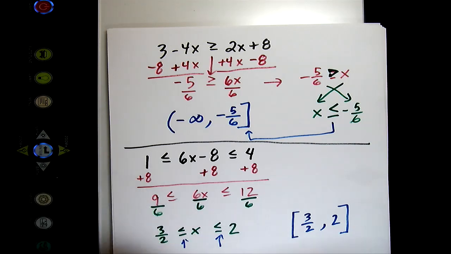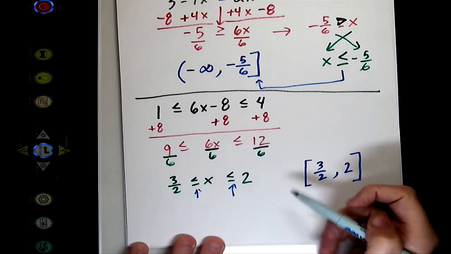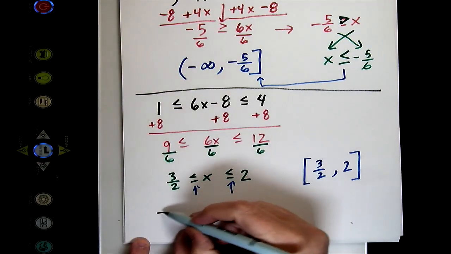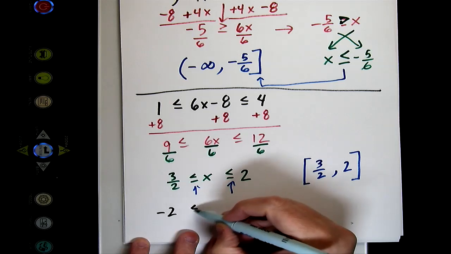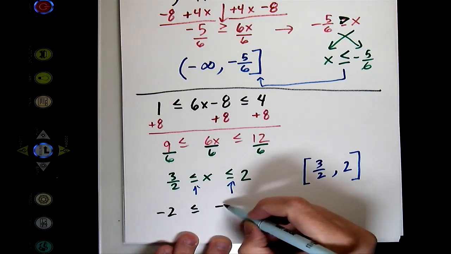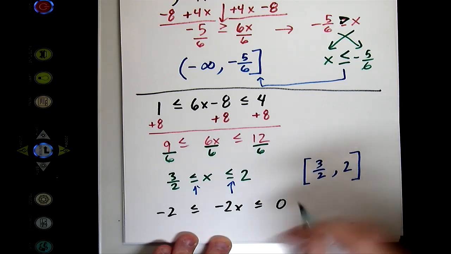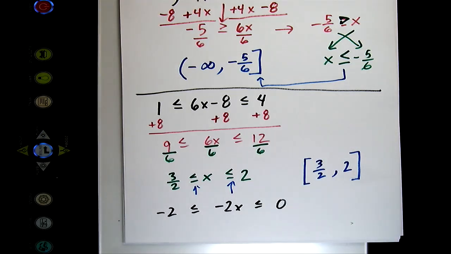Let's take a look at what happens if there's a negative number there. So let's have -2 is less than or equal to -2x, which is less than or equal to 0. This setup is actually easier to not forget to flip the signs.